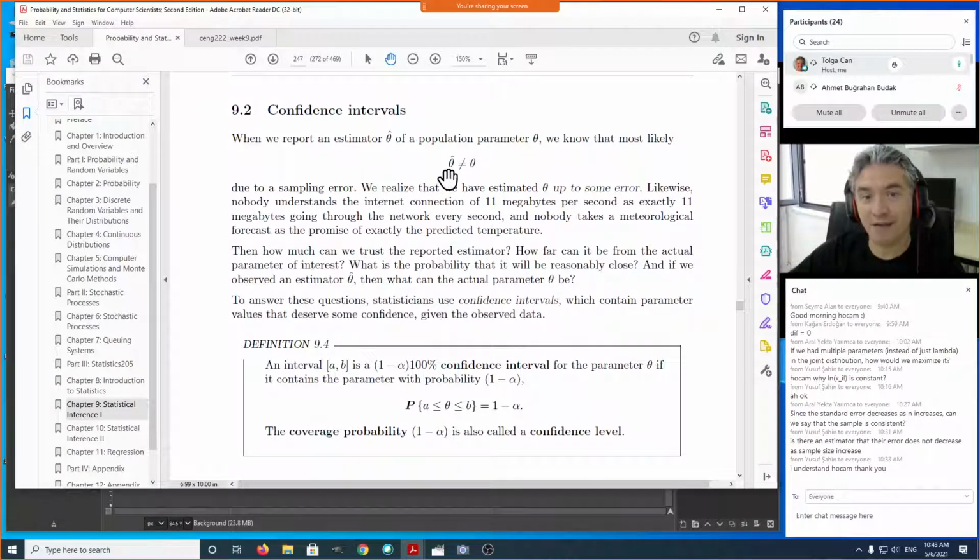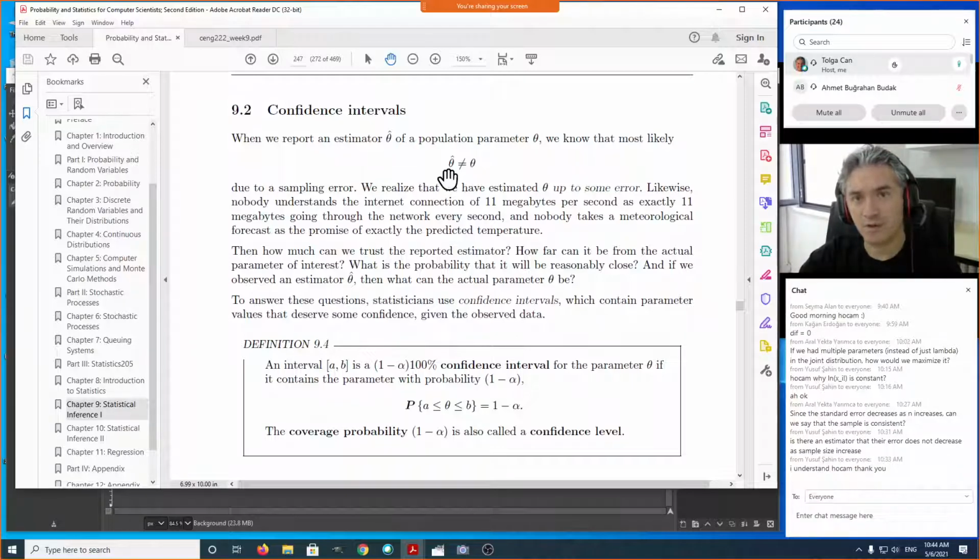Because if your standard error is large, you cannot give small intervals. If the standard error you compute for theta hat is large, then if you want to have the same confidence level, you have to increase your interval.